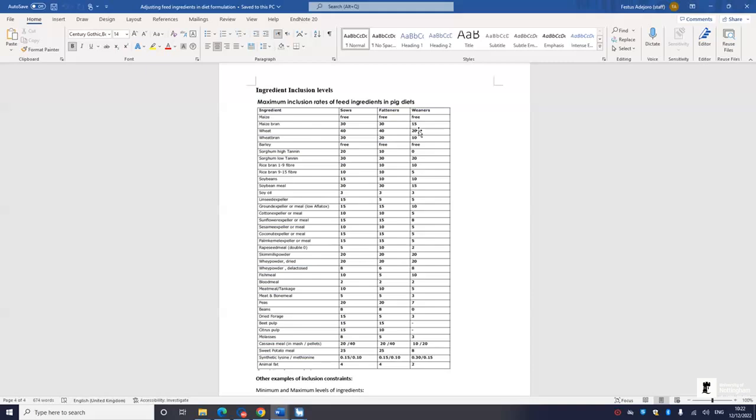For example, before the European Union placed a ban on the use of fish meal in feeding livestock, we did not feed fish meal to fattener pigs beyond 2 or 3%. And the reason is there is what we call the fish taint. You know, fish meal, it smells, isn't it?